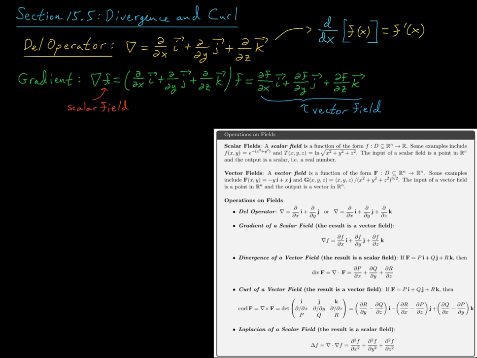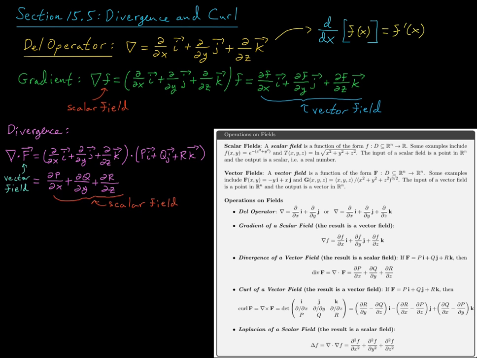Here I'm thinking about taking this scalar field f and applying scalar multiplication to this vector del. Now of course this is not ordinary multiplication. When f distributes to the i component, we're really taking the x derivative of f, and likewise for these other 2 components. So you can think about the input here as the scalar field f, and the output now is this vector field that we call the gradient.